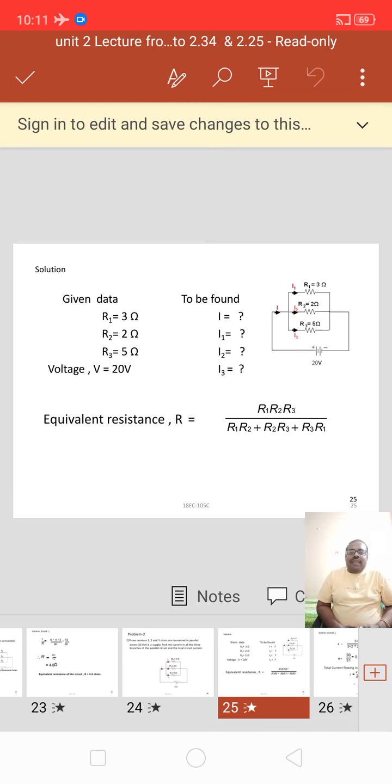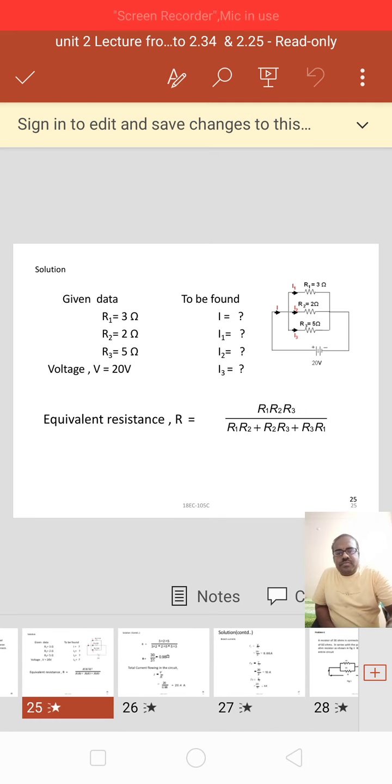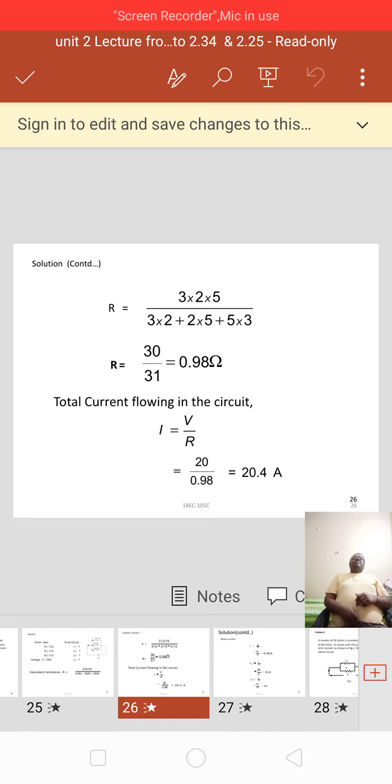The values to be found are I1, I2, I3, equal to how much. We know that equivalent resistance R equal to R1 R2 R3 by R1 R2 plus R2 R3 plus R1 R3. It can be found from the equation that 1 by R equal to 1 by R1 plus 1 by R2 plus 1 by R3.